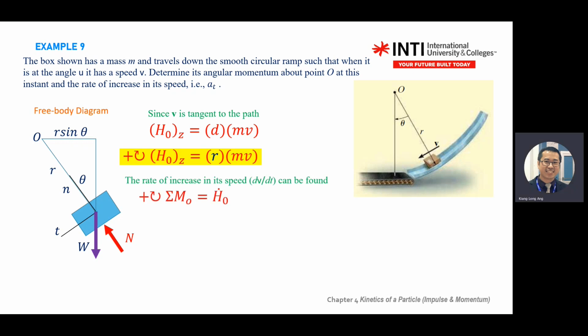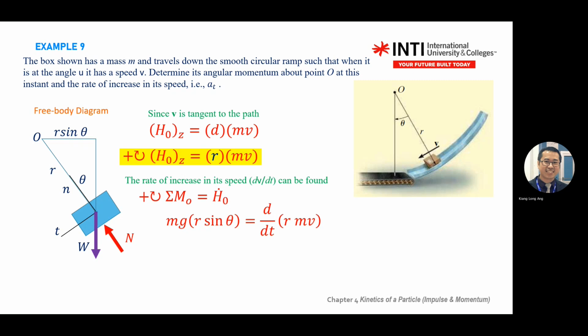To find the acceleration, you use the sum of moments equal to the rate of change of your angular momentum. So on the left-hand side, how to form the moment?